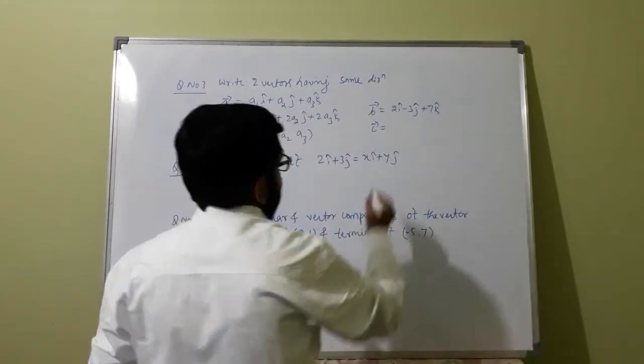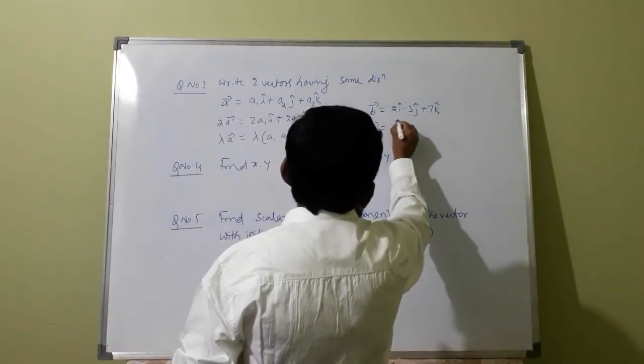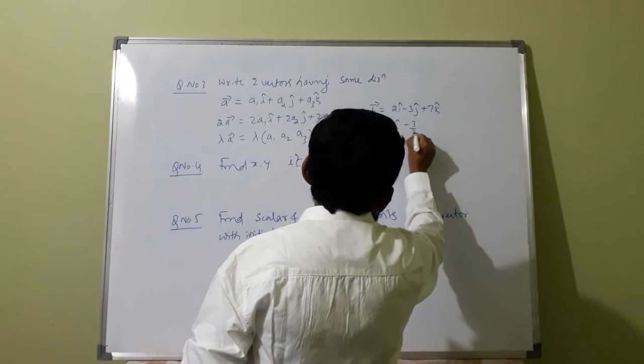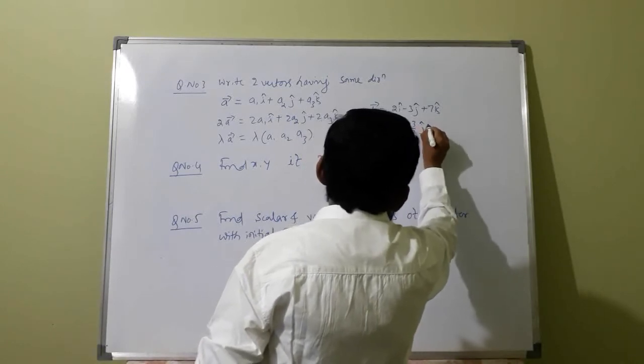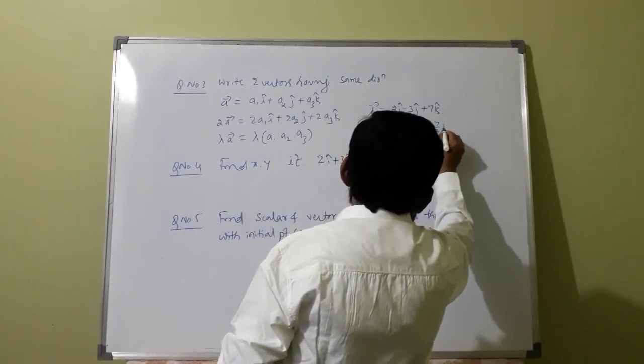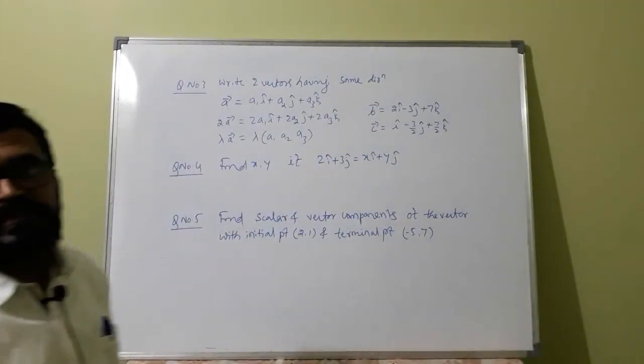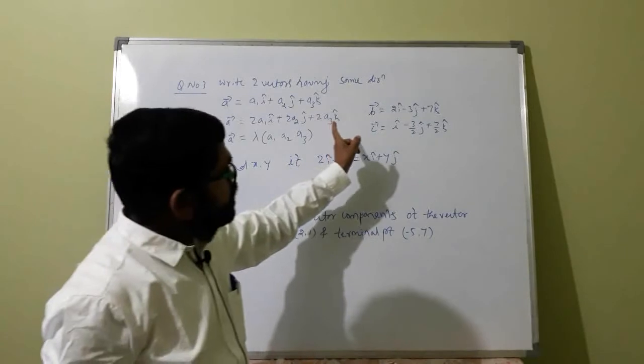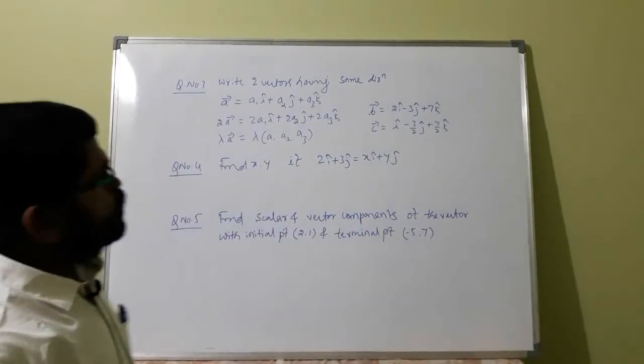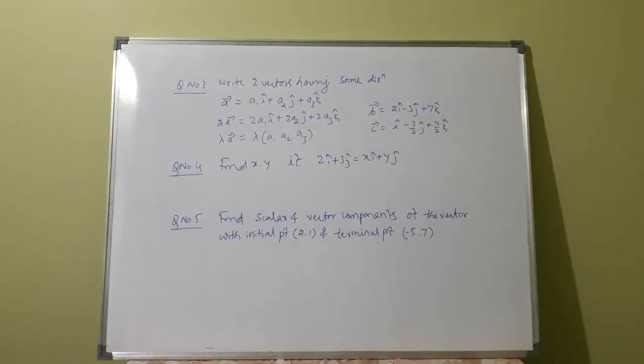This is i minus 3 by 2 j plus 7 by 2 k. B and C are in the same direction. What I did is I divided by 2.